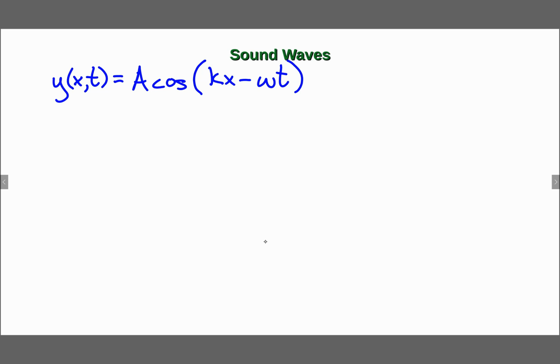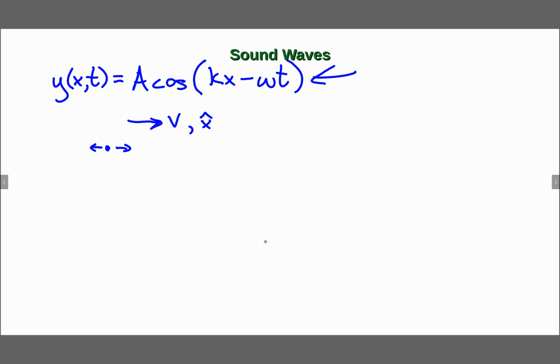So x is going to be the equilibrium position of a particle, and then y is going to describe this oscillation back and forth as the wave goes this way, all right? So that's v, and that's x hat, because this function that I wrote here is for a wave in the positive direction, right? Remember, for a negative, we would make this plus, right? That's for a wave traveling in the negative x hat. This is for a wave traveling in the positive x hat, okay?